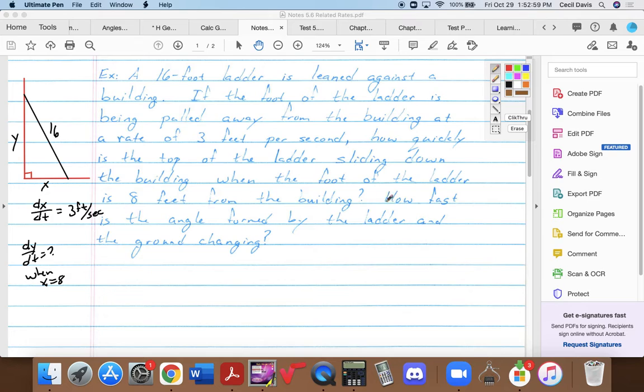So we need an equation that relates these variables. It's a pretty simple one. Oh, don't everyone jump at once. It's a right triangle. Oh, aggregate. Thank you. So x squared plus y squared is equal to 16 squared.